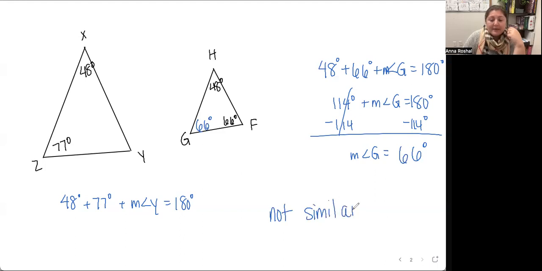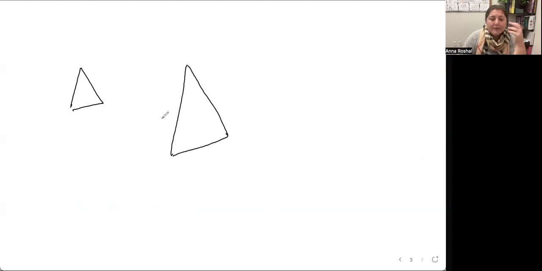Now, let's say that they were similar. Let's say that I had two triangles that actually were indeed similar. And so I'm going to just draw two that we're going to pretend are similar without doing any math. So let's say I have ABC and then I have XYZ. We're going to pretend that they are similar, that they look similar and all that jazz, and they're actually complete triangles.